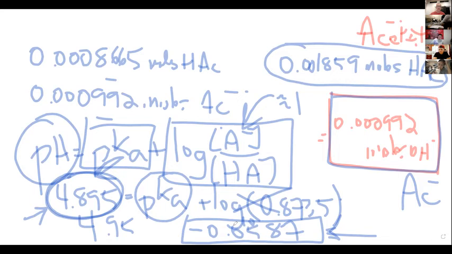So the pKa has to be larger because you're subtracting this from it to get the pH. You have pKa plus a negative number equals the pH. So the pKa has to be larger than the pH. You have to add that little bit. Okay, that makes sense. Yeah. Okay. Oh, it does? Good.